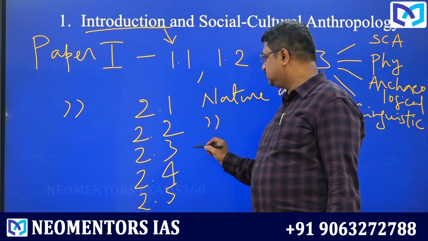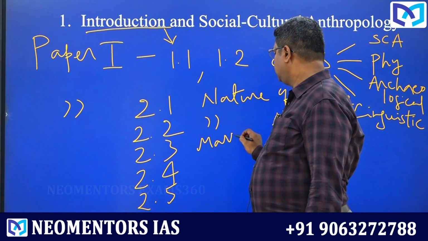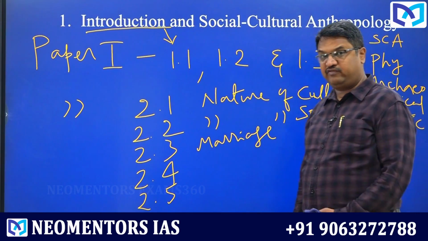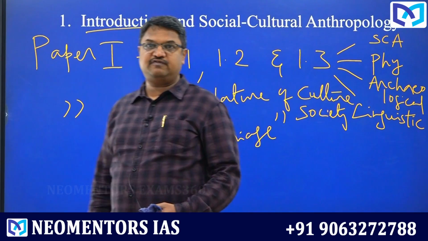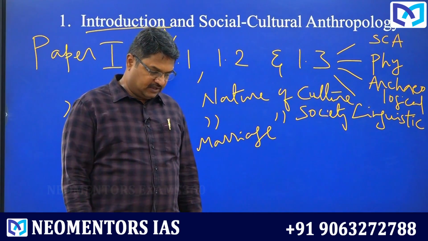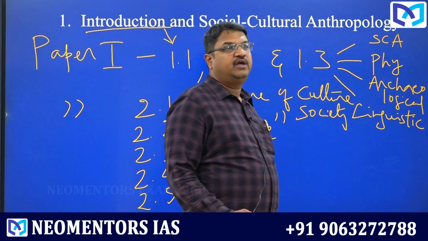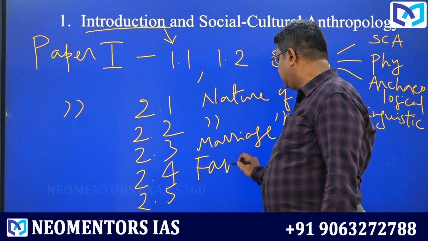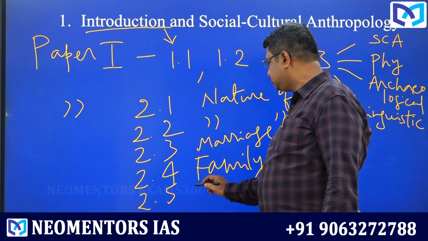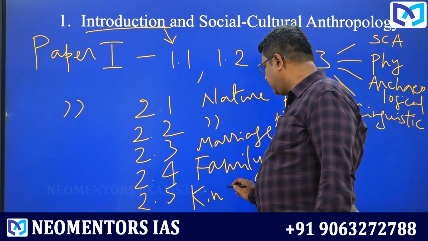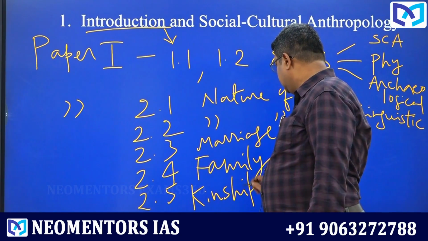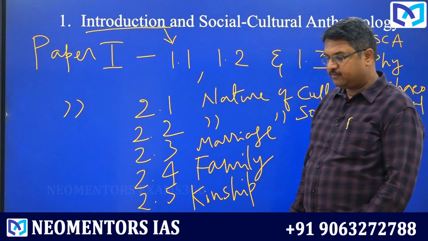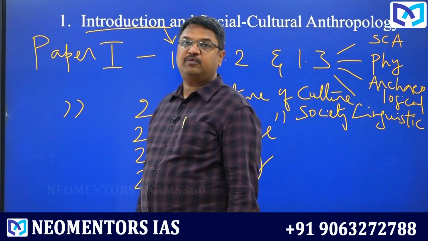And 2.3 deals with marriage, which is a very key dimension of human social life, because with marriage itself several aspects start in human life. Marriage is highly linked to family, and in 2.5 we will be dealing with kinship. So all the 3 are like the heart and central points of social cultural anthropology. From here the major discussion of anthropology starts.